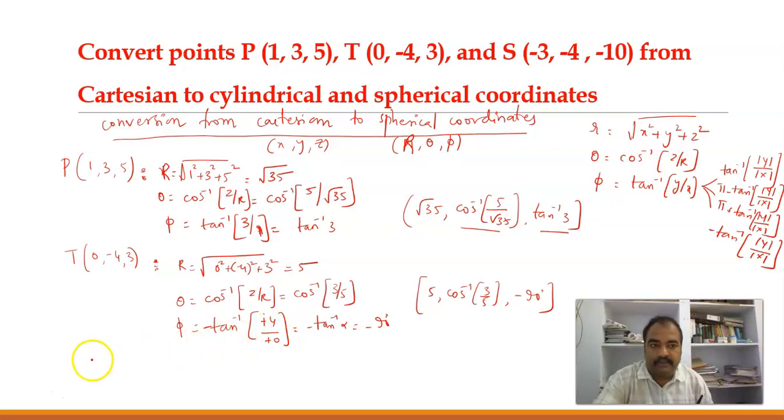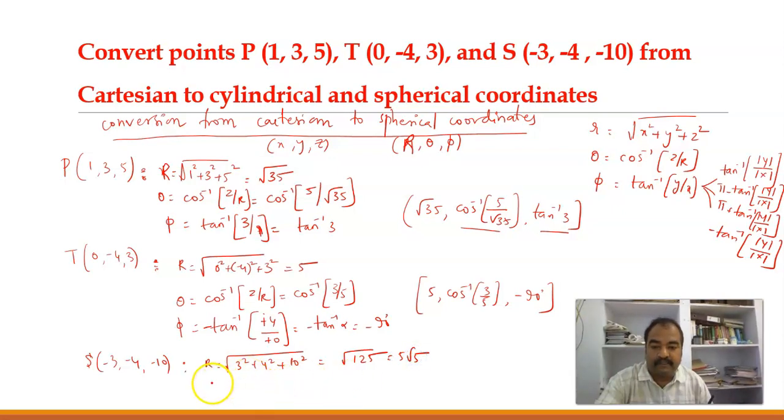Okay, next is minus 3, minus 4 and minus 10. So r is equal to square root of 3 square plus 4 square plus 10 square. It is square root of 125. So it is 5 root 5, I think. And next is theta.